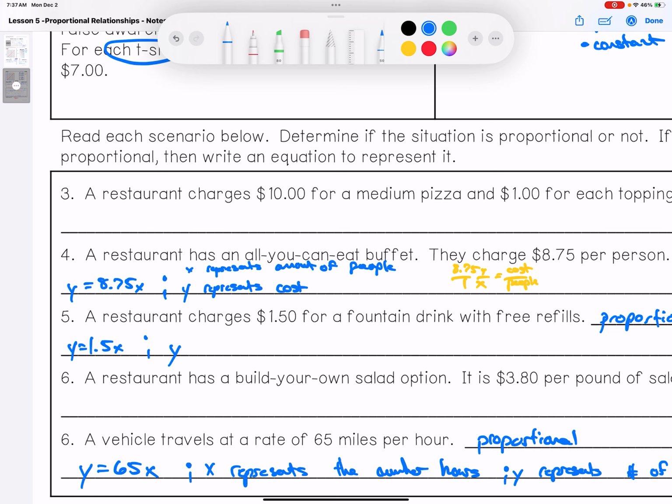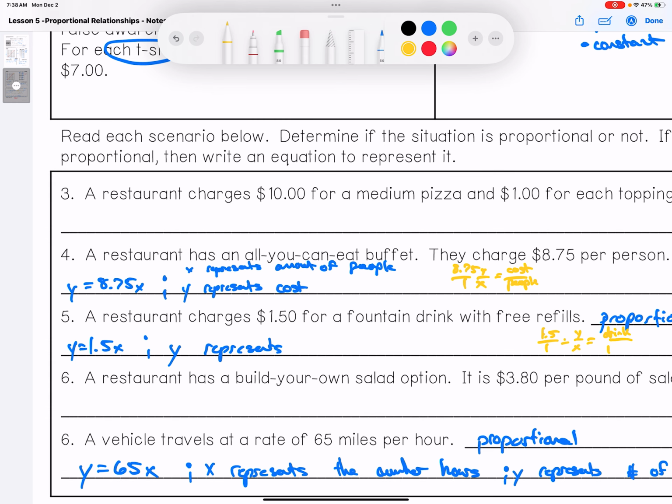Y represents, if you're not sure what y represents, go over here in yellow again. It's 1.5 over 1, so it's y over x. So y equals the 1.5. What does the 1.5 represent? It's the drink, over what?